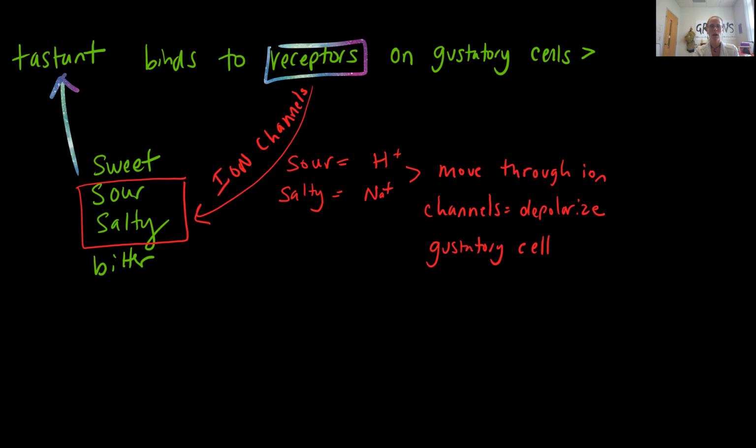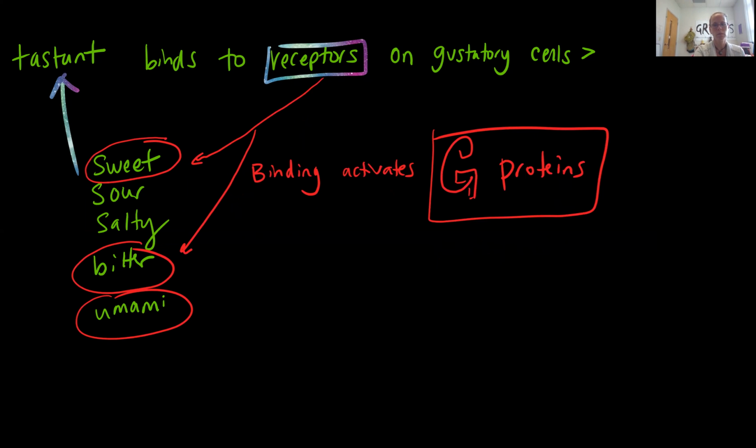Our sweet, our bitter, and our umami flavors are all functioning using a G protein second messenger system, but they're specific. So your sweet, your sugars are not binding to the same receptor as your bitter molecules. Okay, so there's a division there, but the mechanism of action is the same.